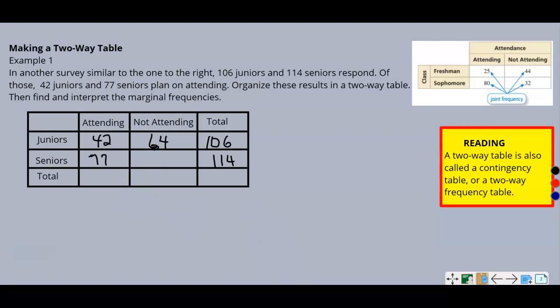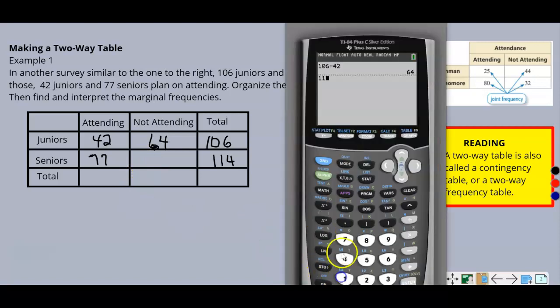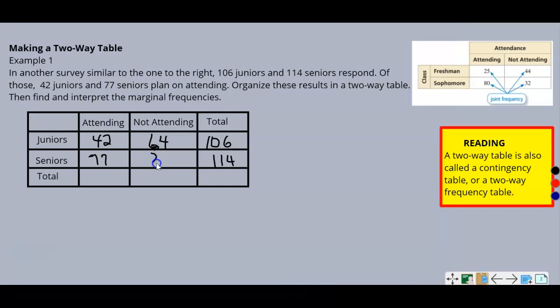And we have 114 seniors, and we know that 77 seniors are going to attend, which leaves 37 seniors not attending.